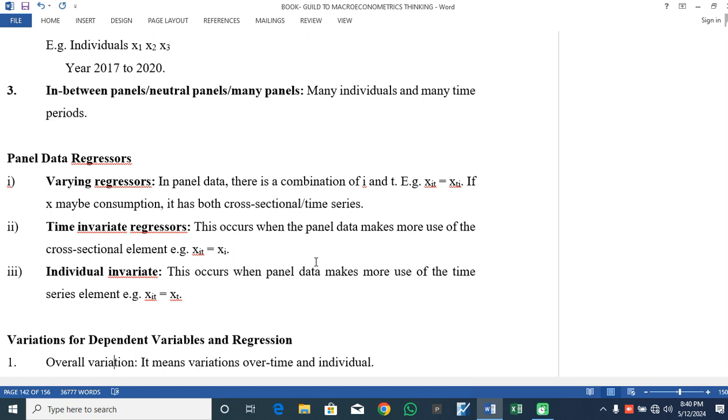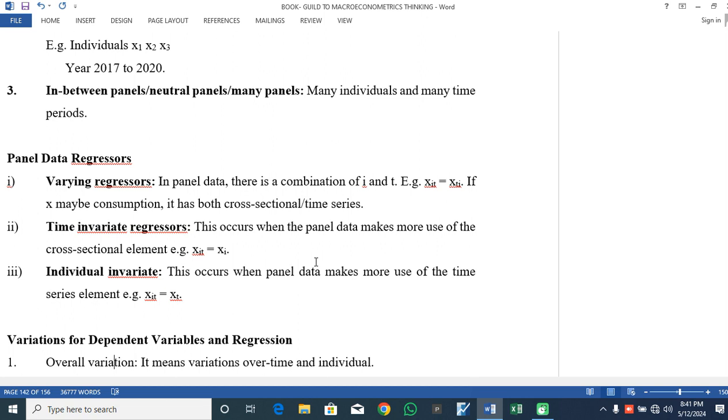Then the second dimension is the time invariant regressor. This occurs when the panel data makes more use of cross-sectional elements. For example, S_it is a function of S_i. In this context, you have more cross-sectional elements in the panel data than time series elements.